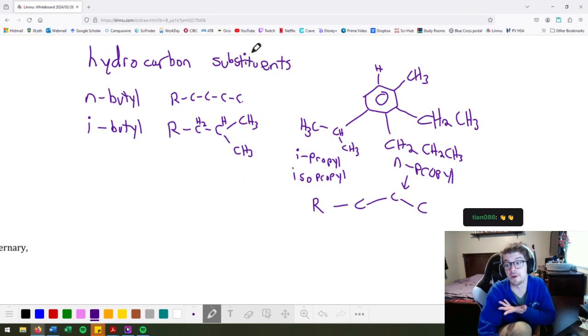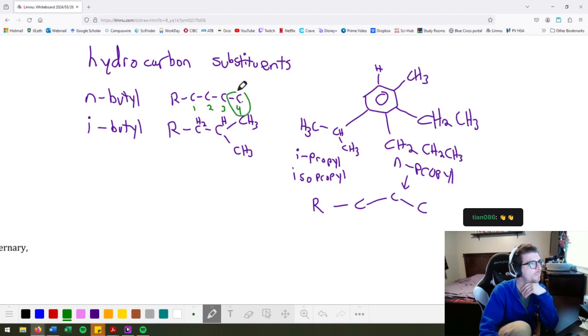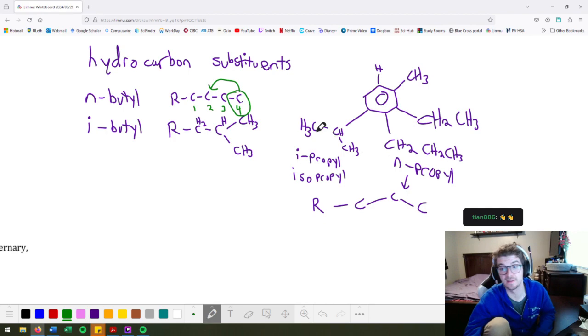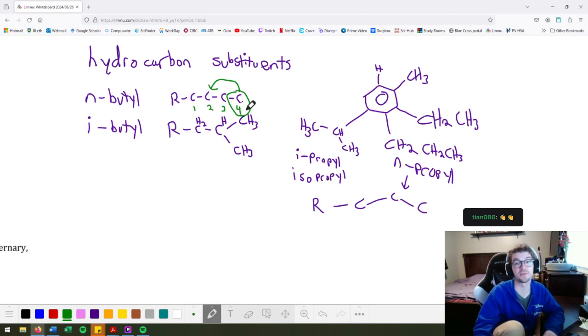The other way that you can think about this is if these are carbons 1, 2, 3, and 4, you could think of this as carbon 4 being moved and attached to carbon 2. And that's a perfectly valid way to think about this. Just changing the connectivity by moving this terminal carbon over to, like, just leapfrogging over carbon 3 there.